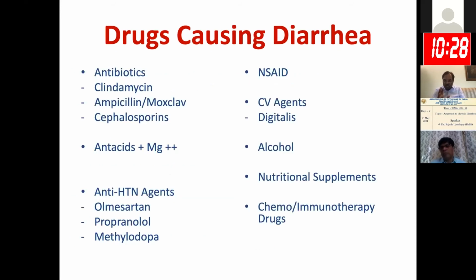But I think one of the most important things when you are actually taking the history and examining the patient is to take a good history about the medications. And I've shown in this slide a large number of medications which can be associated with diarrhea, which includes the common antibiotics, the antihypertensive agents.